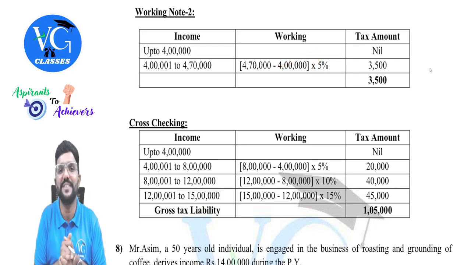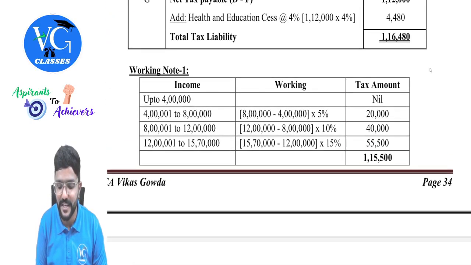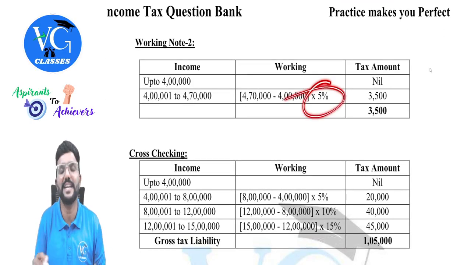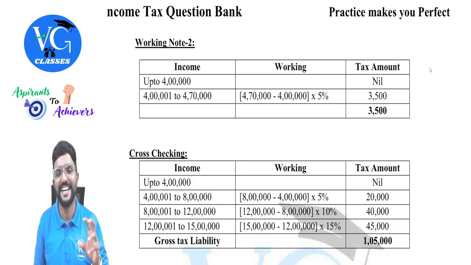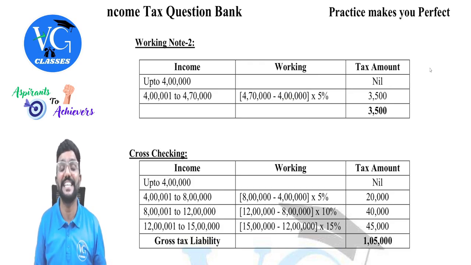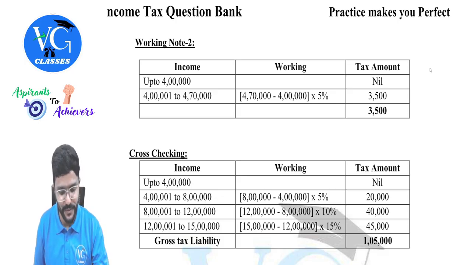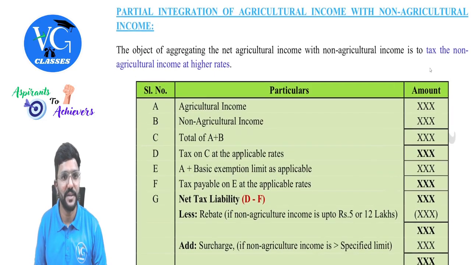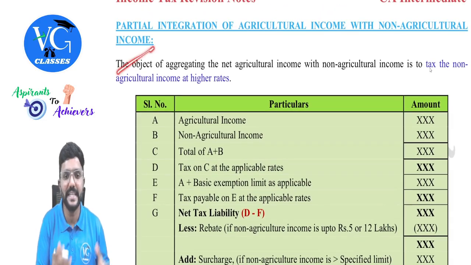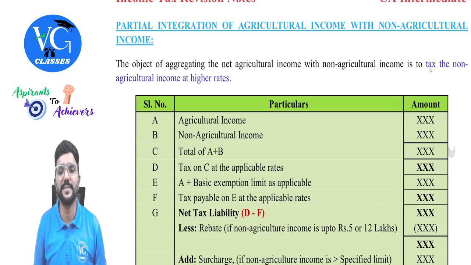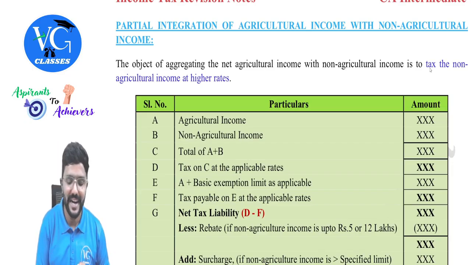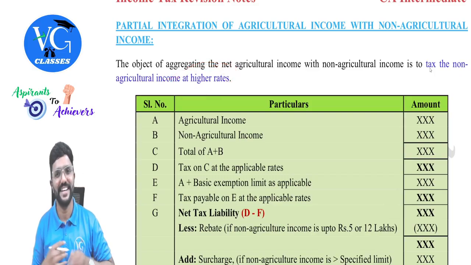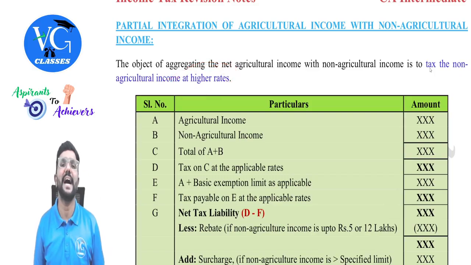The difference, whatever is coming here, was taxed at 15% there, whereas here it comes at 5%. So they're trying to indirectly collect it from the assessee through tax, guys. Clear? You can see here. The object of aggregating the net agriculture income with non-agriculture income is to tax non-agriculture income at higher rates. Clear? So they will try to push you into a higher slab, guys.